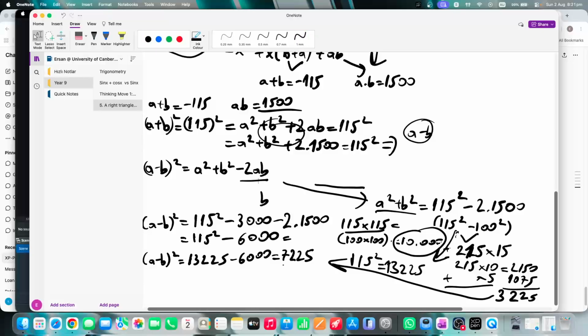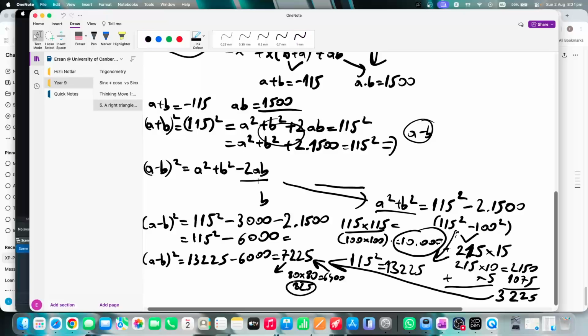I know it's a little bit difficult, guys, but you are allowed to use your calculators. What I would do here is, I know I need to take the square root of this term, and I know 80 times 80 is 6,400, so it should be a little bit close to this term. So what is the difference between this number and 6,400? The difference is 825.